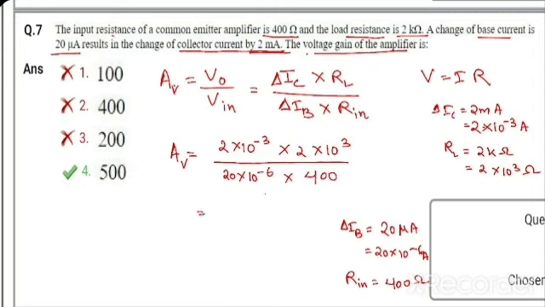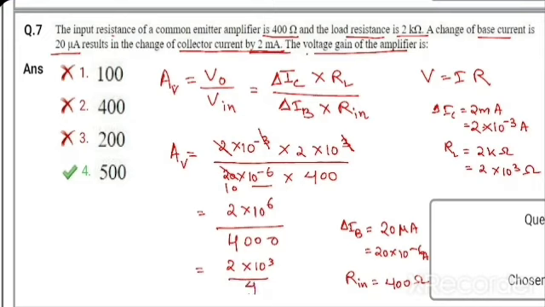By solving, the 10 to the power minus 3 plus 3 cancel each other, then 2 into 10 to the power 6 divided by 4000, so 2 into 10 to the power 3 by 4, that is 2000 by 4, so it will become 500.